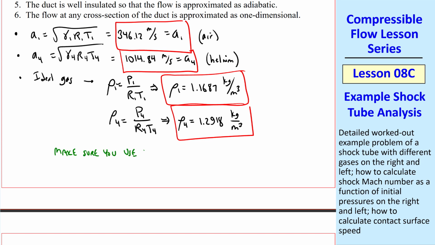Make sure you use the correct values of gamma and R, since there's two different gases. Everything to the right of the contact surface is gas 1, so we use gamma 1 and R1. And everything to the left is gas 4 with gamma 4 and R4. Keep this in mind or you'll end up with the wrong values.